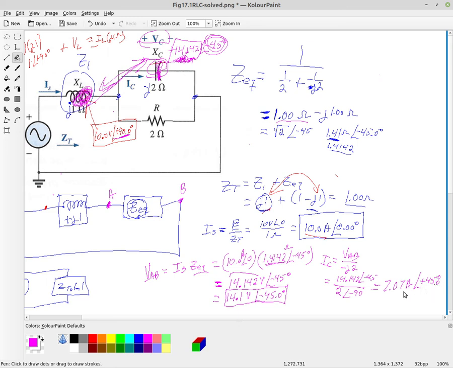So that is the current flowing through the capacitor.